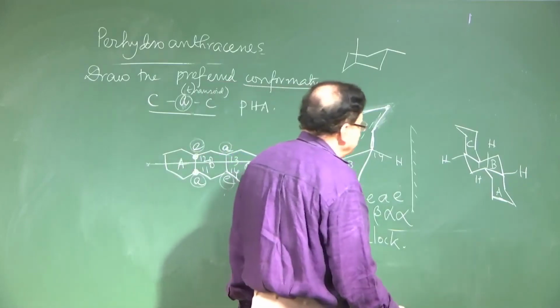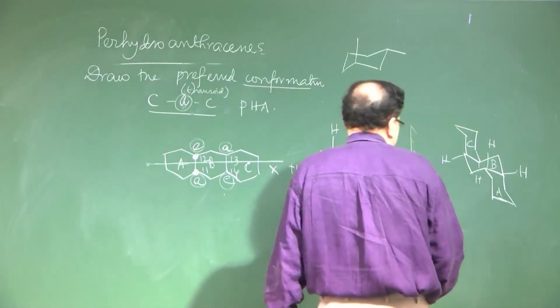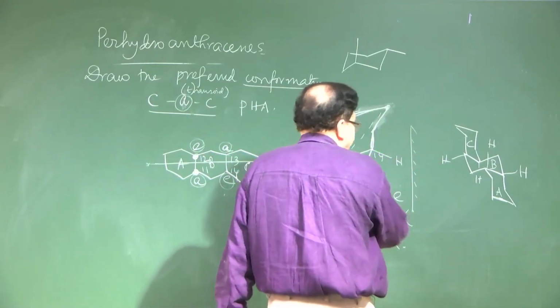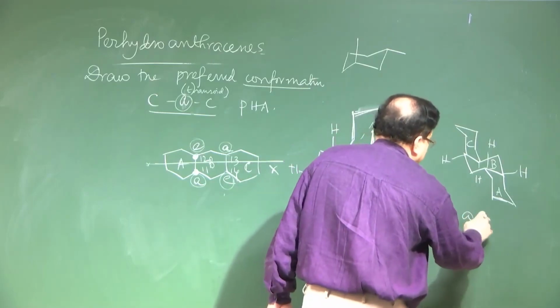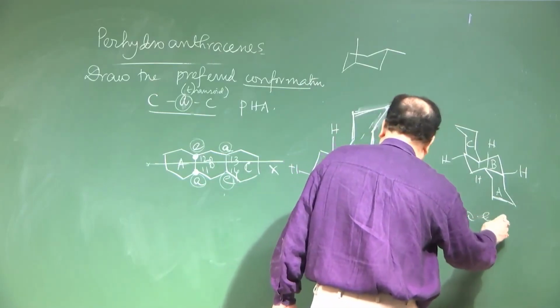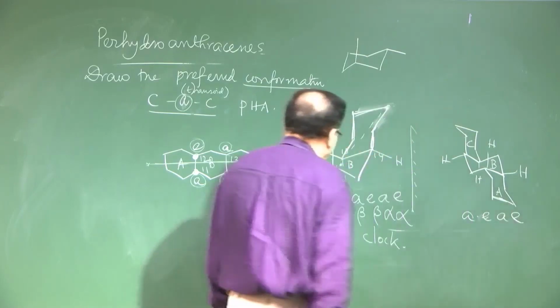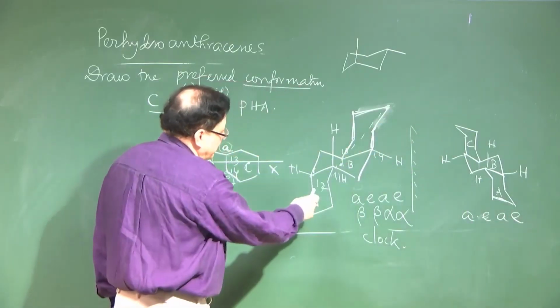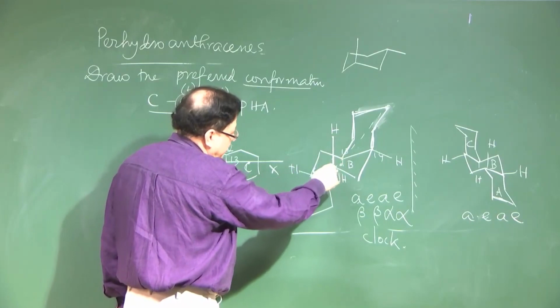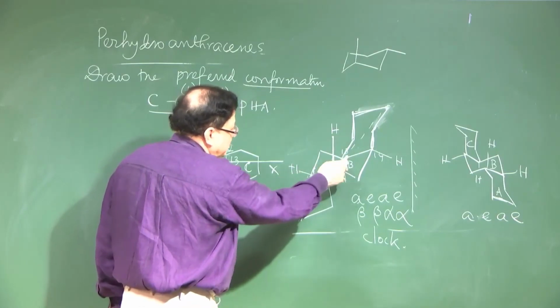And here if you do the same thing, you have to have axial, equatorial, then axial, equatorial. I have gone from here, then come there, 11, 12, 13, 14.